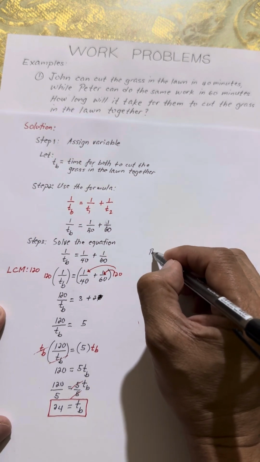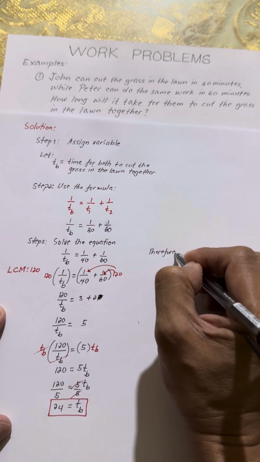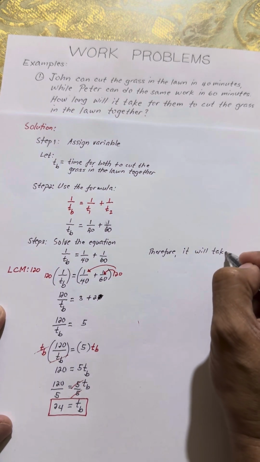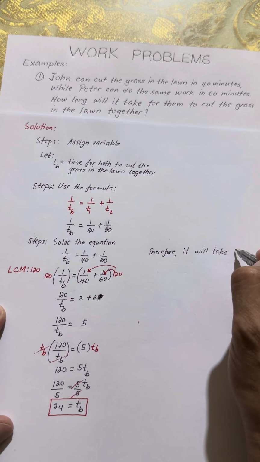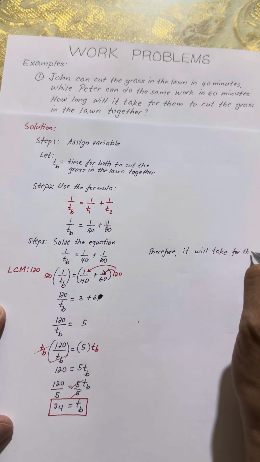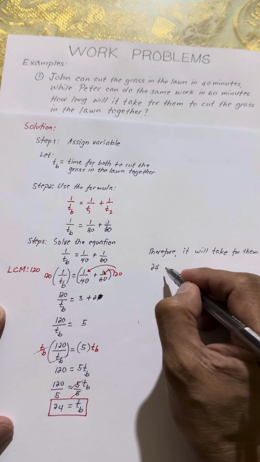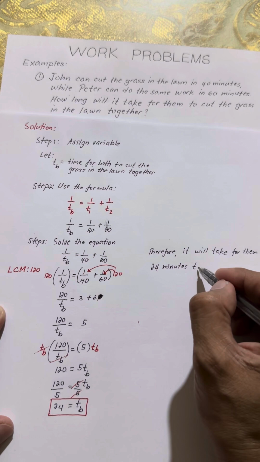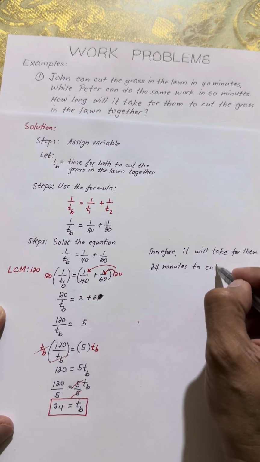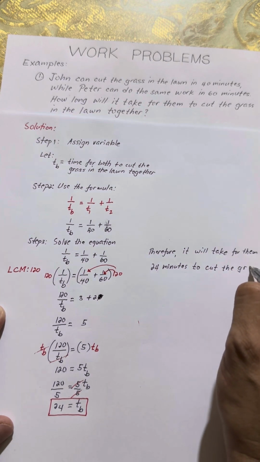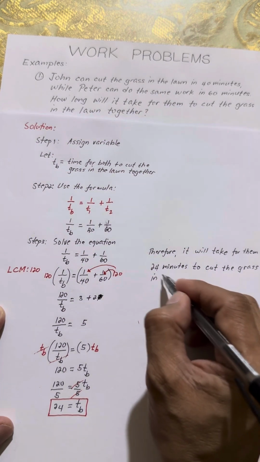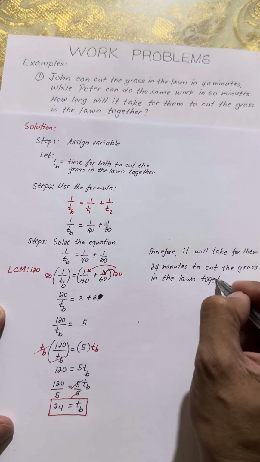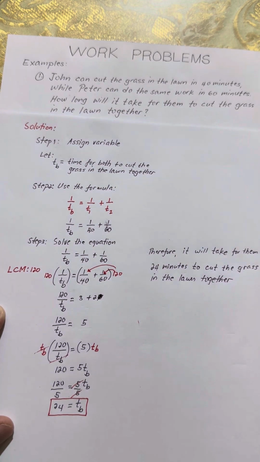You'll say, therefore, it will take them 24 minutes to cut the grass in the lawn together. Okay, so this is our final answer.